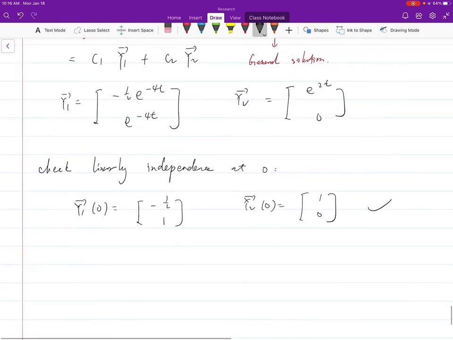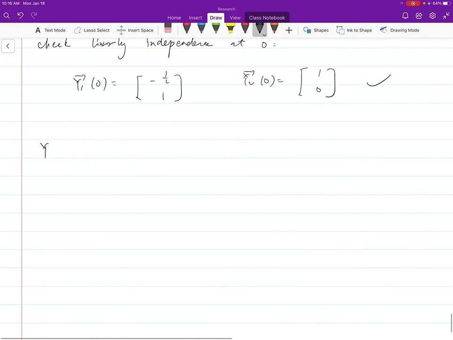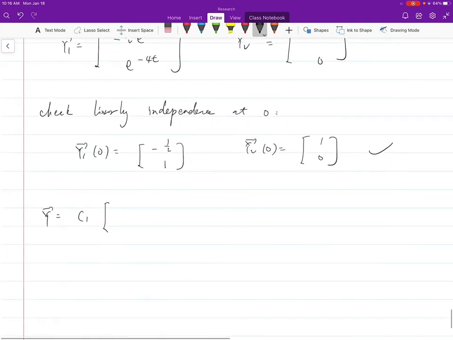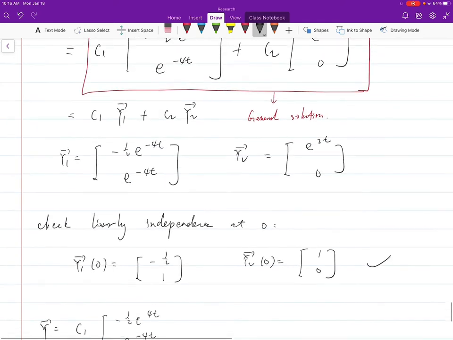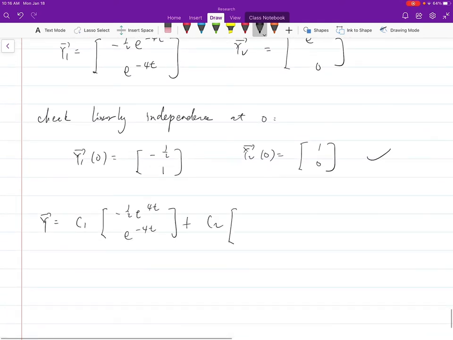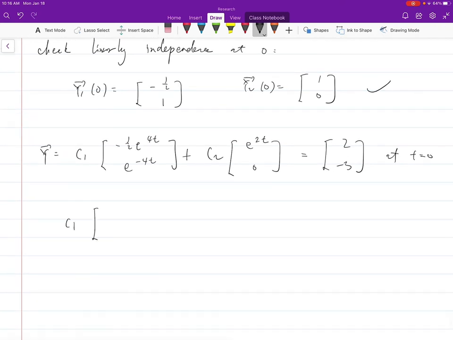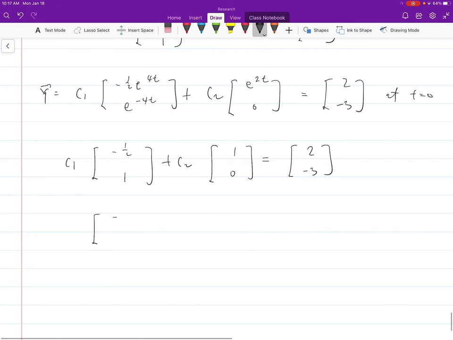Now to solve the initial value problem completely, we just need the general solution, y equals C1 e to the t (-1/2, 1) plus C2 e to the 2t (1, 0), equal to the initial condition (2, -3) at t equals 0, which basically just asks C1 (-1/2, 1) plus C2 (1, 0) equal to (2, -3).